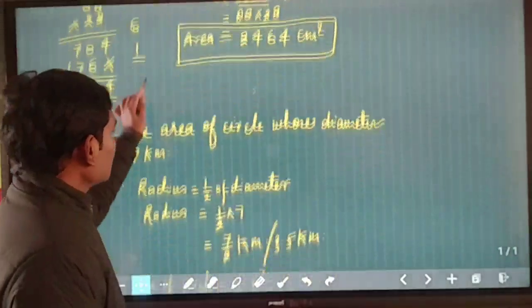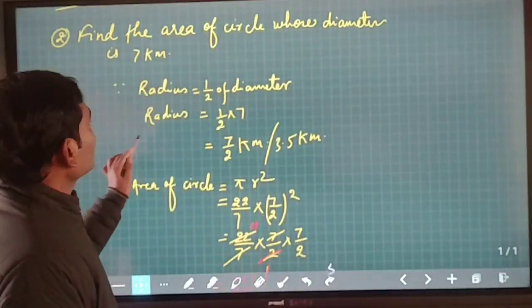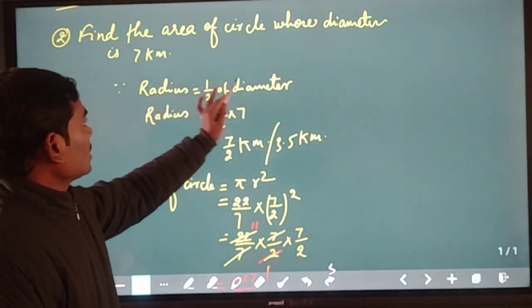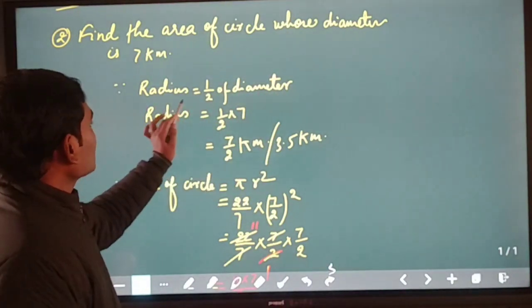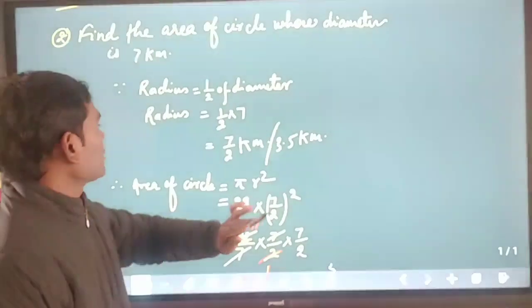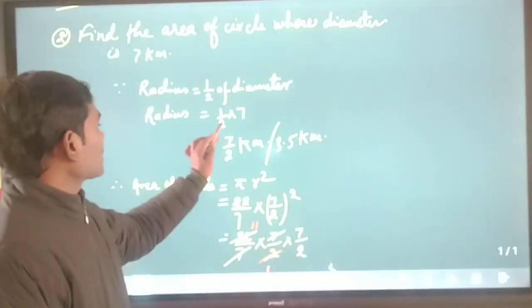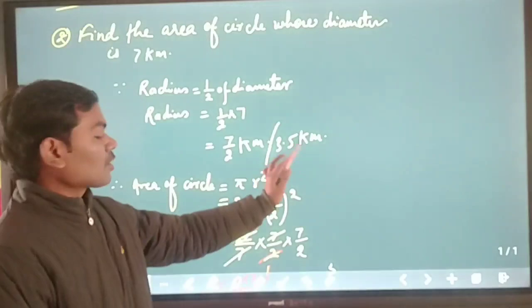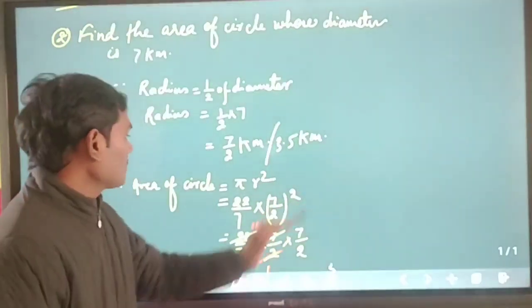And the second question is, find the area of circle whose diameter is 7 kilometer. Since here diameter is given and the radius of circle is half of its diameter, therefore radius can be written as 1 by 2 of 7, which is equal to 7 by 2 kilometer, or 3.5 kilometer.